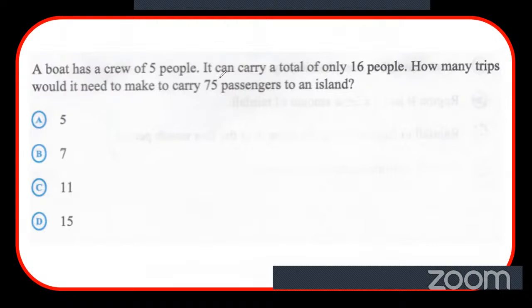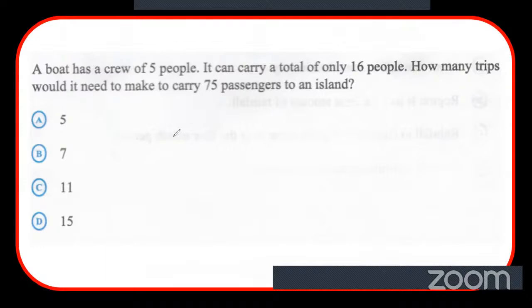And Anaya divided 75 by 11. So she divided 75 by 11 and she said she got like 6. So let's go ahead and divide that. 75 divided by 11 gives us, let me see. Yeah, about 6, almost 7, right?